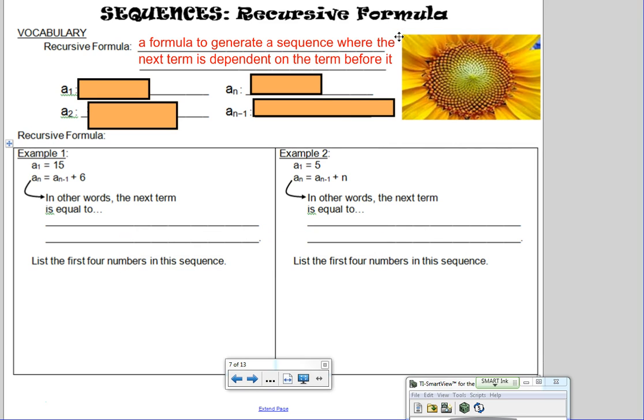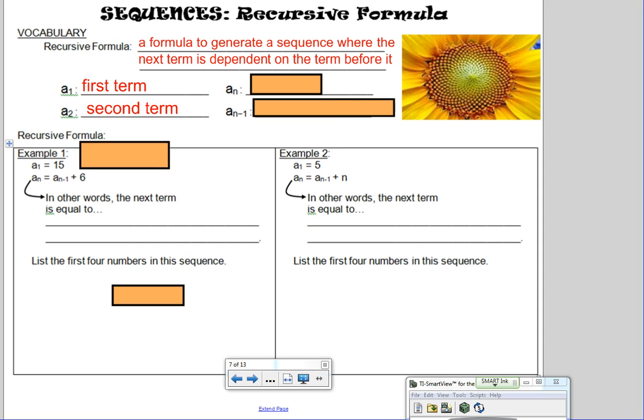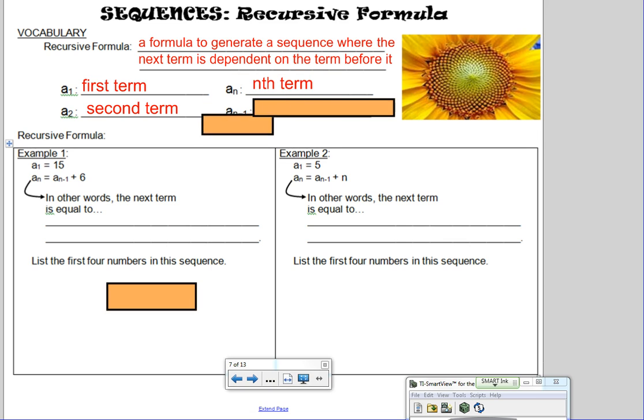All right, and then our similar vocab that we've seen before. A sub 1 is the first term. A sub 2 is the second term. A sub n means the nth term. So those three we've seen before. And then you are going to see two other ones.